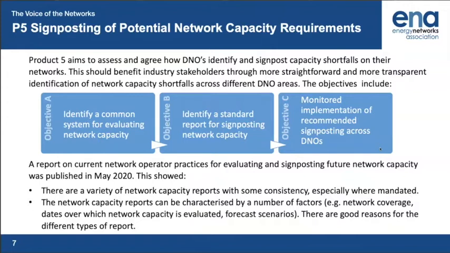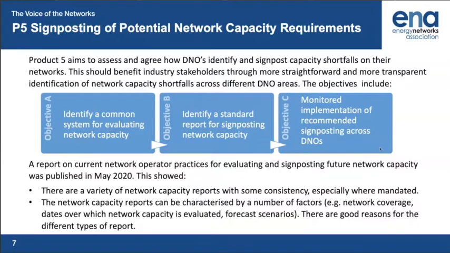Just below that objective A, B, C block, there's a little bit on what Jill and the team did in the early part of the year, which was to prepare a report on what network operators are currently doing in the reporting that they do for network capacity.